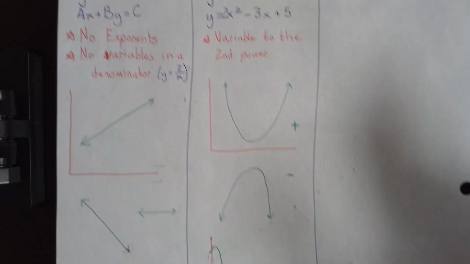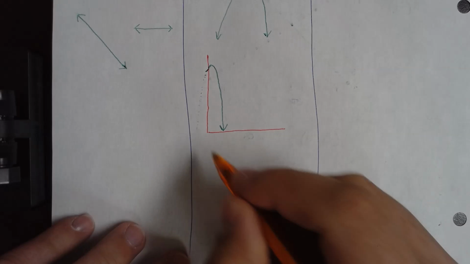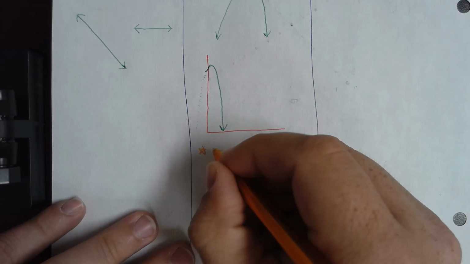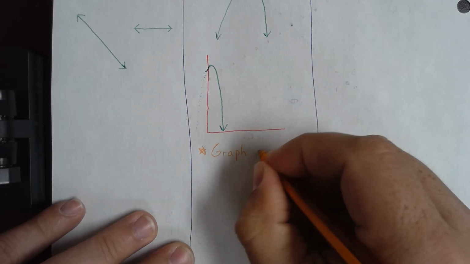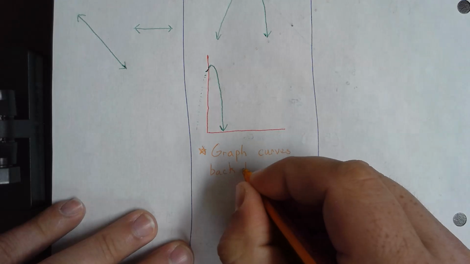Something else we want to know about these graphs is that the graph curves back towards its start.